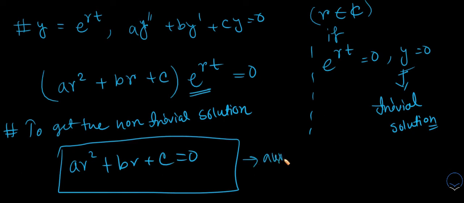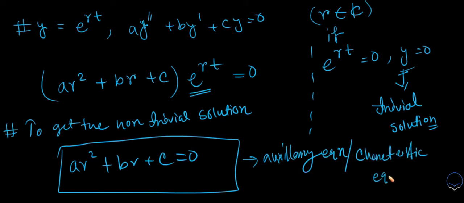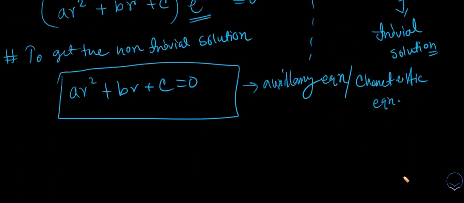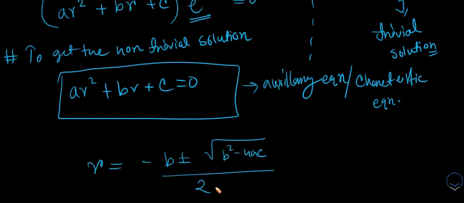I would like to call it the auxiliary equation, or you can also call it the characteristic equation. Now this is a second order equation, right? And we want to solve for r, and the solution is just r equals minus b plus or minus the square root of b squared minus 4ac, divided by 2a.